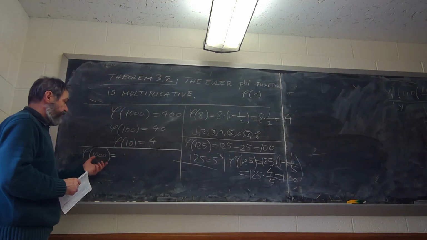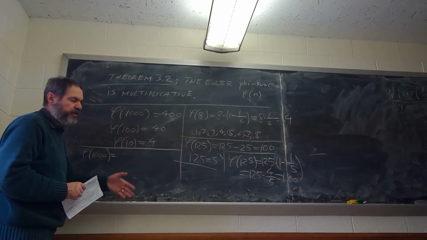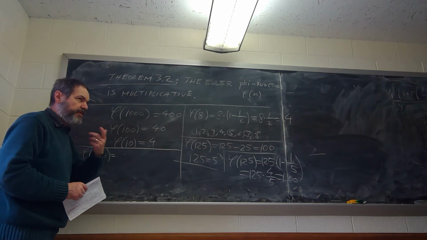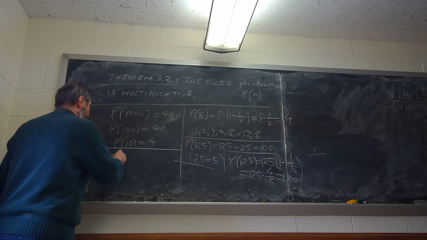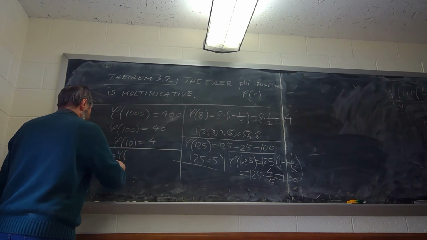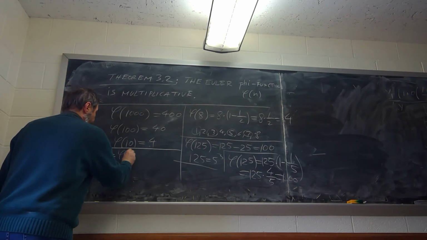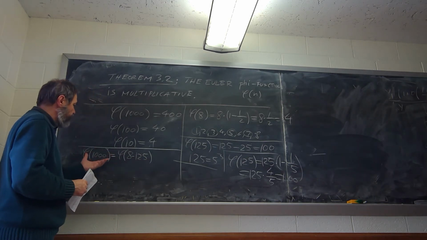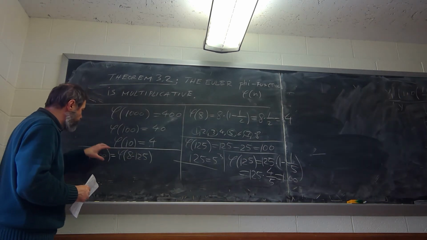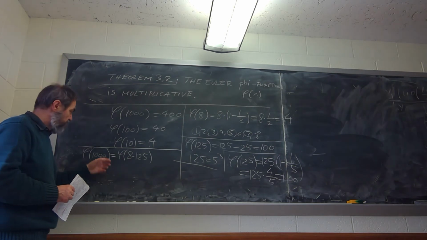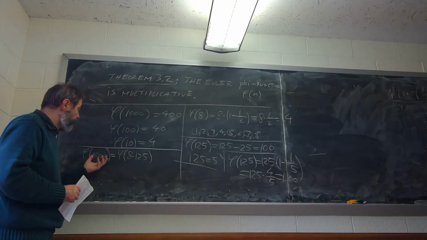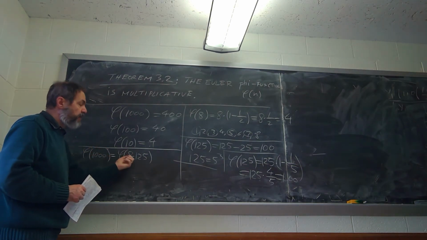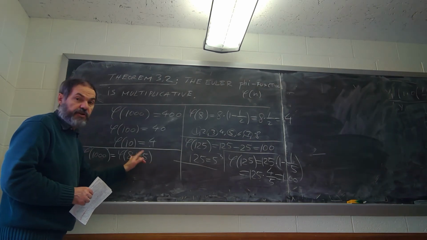I can write it as 8 times 125. I can do this regardless of what the function is, because I didn't compute anything. I just wrote it inside. Before I compute this, I write 1,000 as 8 times 125. The two numbers are relatively prime.